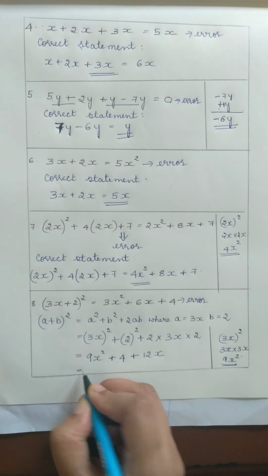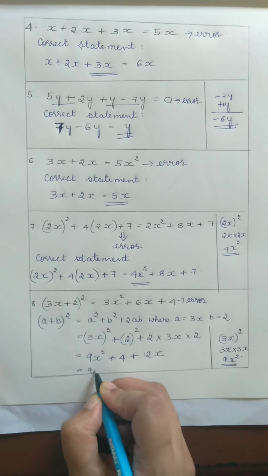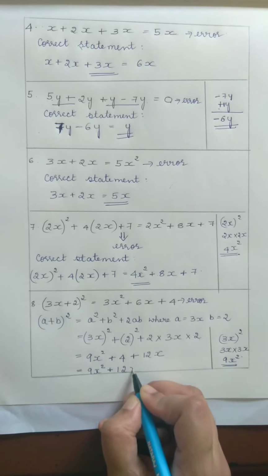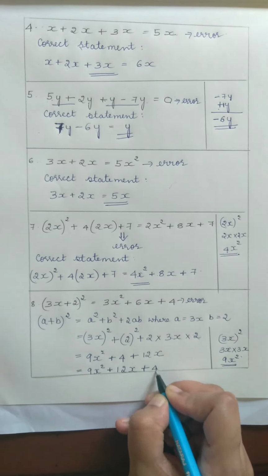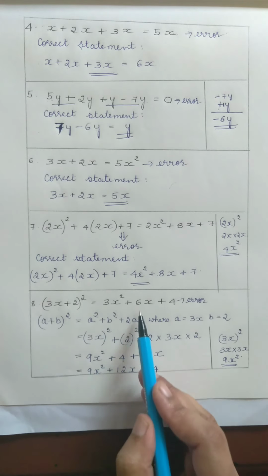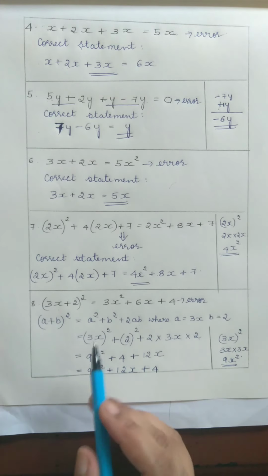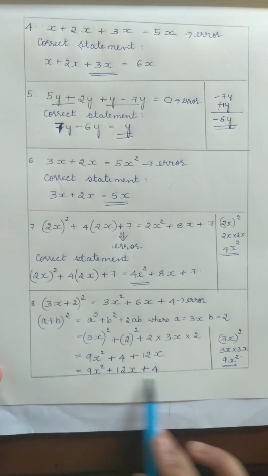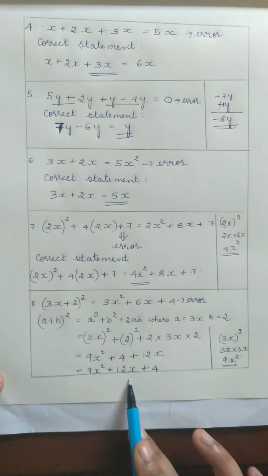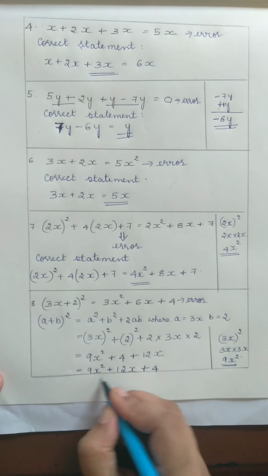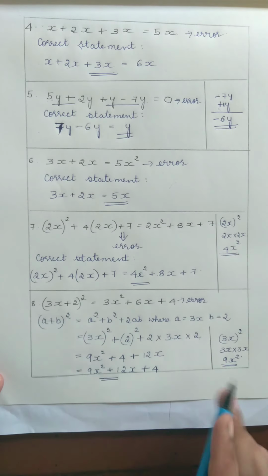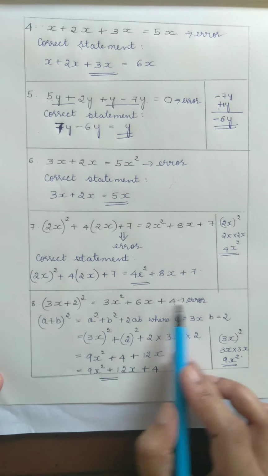Therefore, we can write it as 2ab, that is 12x, plus 4. Just we have rearranged this identity as a square plus 2ab plus b square. Okay, so if we rearrange also, the values do not change. Therefore, 9x square plus 12x plus 4 is the correct mathematical statement for 3x plus 2 whole square, and 3x square plus 6x plus 4 is the error.